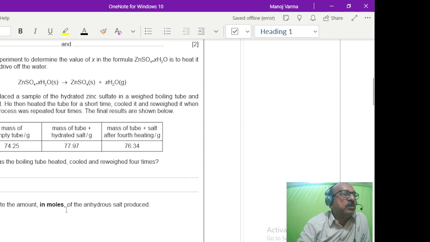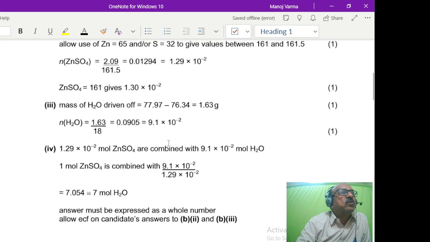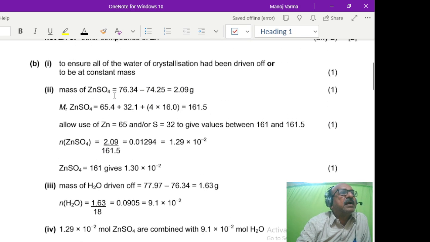it in moles. So what's the formula to find it in moles? You must divide the mass by its molar mass. So let's see. We will have to find out the molar mass. So the mass is this, which I already told you, and then the MR of zinc sulfate. So you will take these atomic masses from the periodic table.